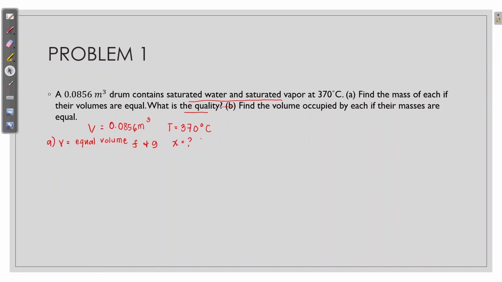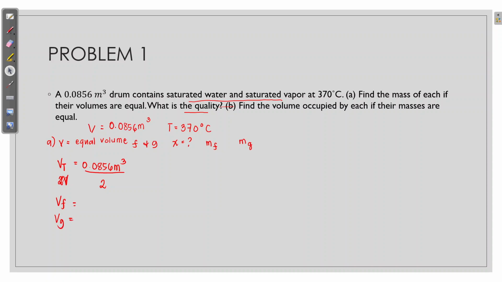At saka ano daw yung mass of F at saka mass of G. So, meron tayong total volume na 0.0856 meter cube. Divide lang natin siya sa 2.